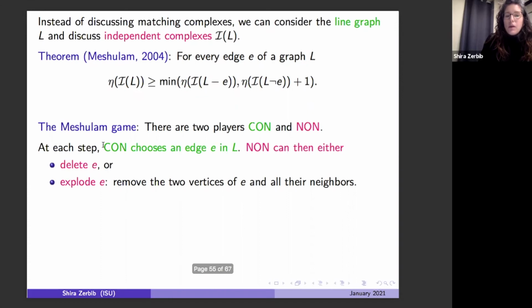in terms of a game that we call the Meshulam game. So the Meshulam game goes as follows. There are two players, Con and Non, and we have our graph L. Now at each step, Con chooses an edge in the graph L and offers it to Non. Now Non can do one of two things.